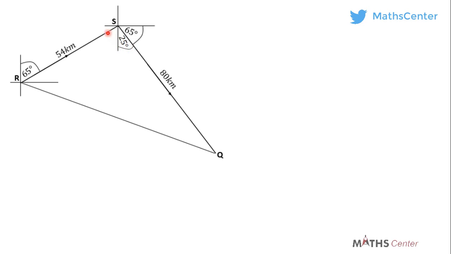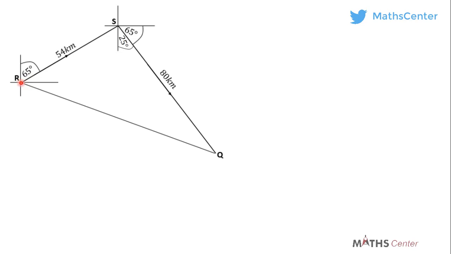Let's see if we can find this other angle. Now look at something. This vertical line passing through R and this vertical line passing through S are parallel lines. If they are parallel lines, then the line RS is a transversal crossing the two parallel lines.